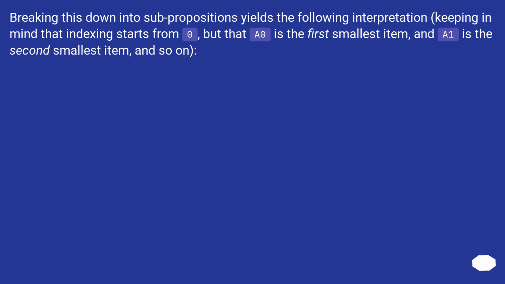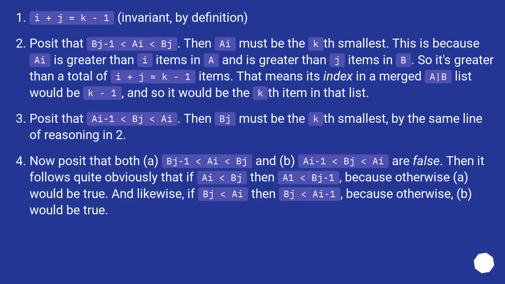Breaking this down into subpropositions yields the following interpretation, keeping in mind that indexing starts from 0, but that A0 is the first smallest item, and A1 is the second smallest item, and so on. 1. i plus j equals k1, invariant, by definition. 2.